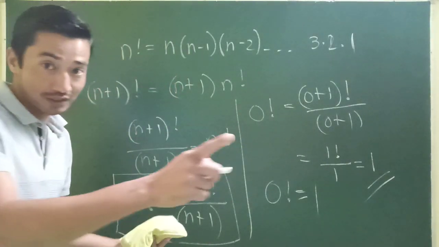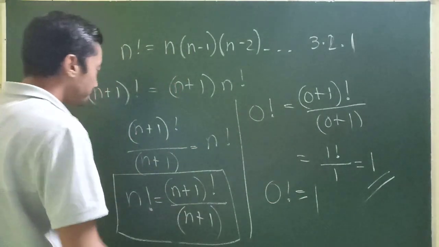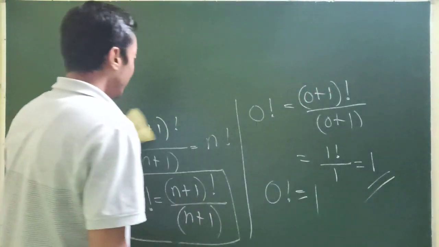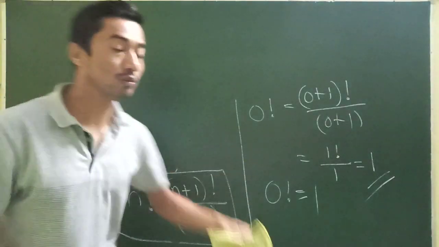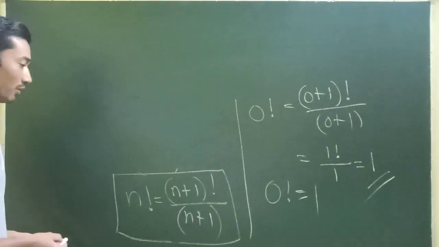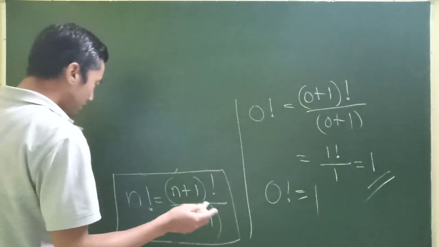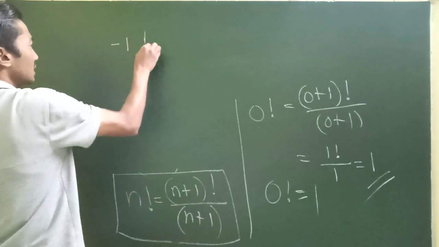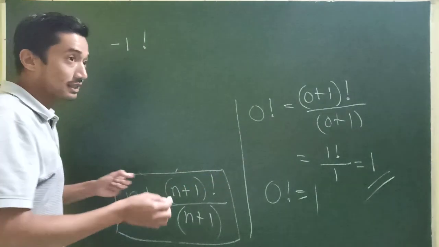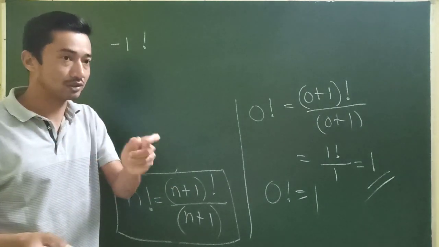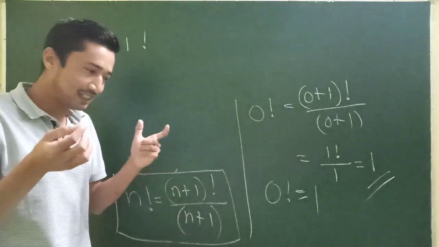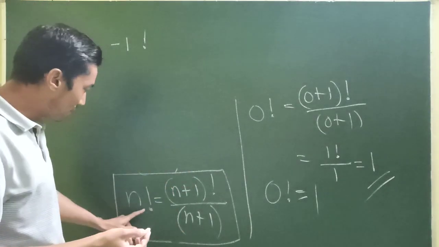That's the first question resolved for you. Then, let us also try to explain why negative factorials are not defined. Let's try one negative value, like minus 1 factorial. Of course it doesn't exist; that's why we do not do factorials for negative values. Let's see why. Use the same formula here.